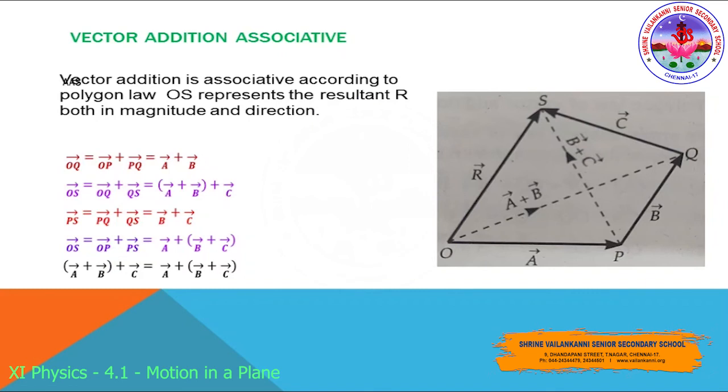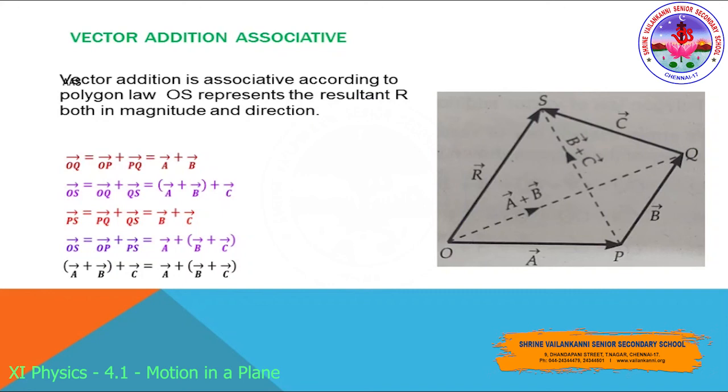In the triangle OQS, you have to take OS vector, which is equal to OQ plus QS, which is A plus B plus C. Please see that triangle, then you can identify it easily. We already know OQ is A plus B. Now similarly take the triangle PQS: PS is equal to PQ plus QS, so we get B plus C.